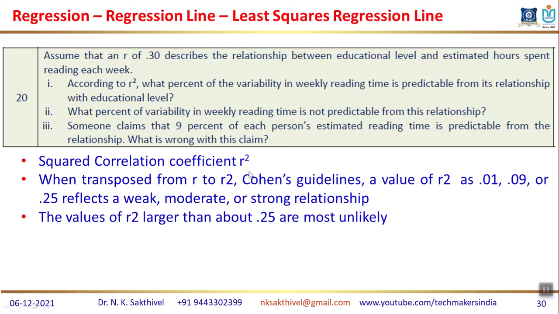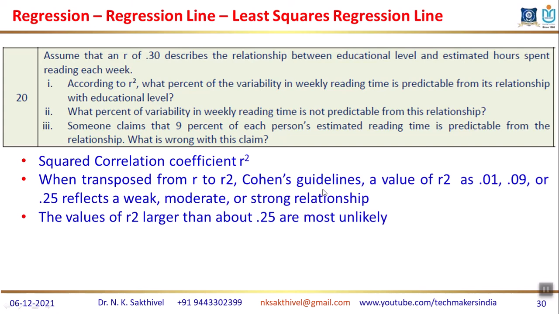Like the logarithmic table and anti-logarithmic table values you know very well, the squared correlation coefficient values are tabulated according to Cohen's guidelines.